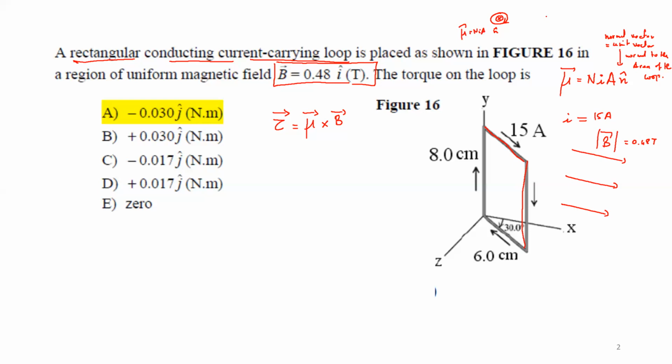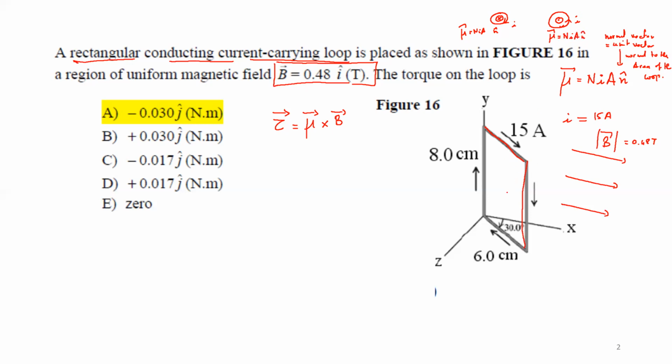Of course, if the current is going counterclockwise, your normal vector will be in which direction? Outward, of course. So your magnetic dipole moment will be outward. Good.